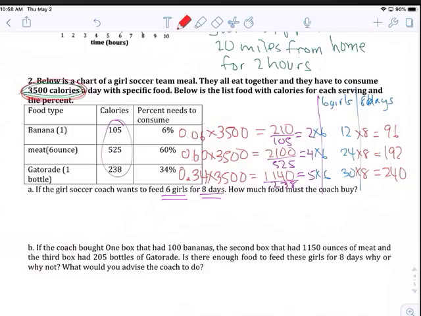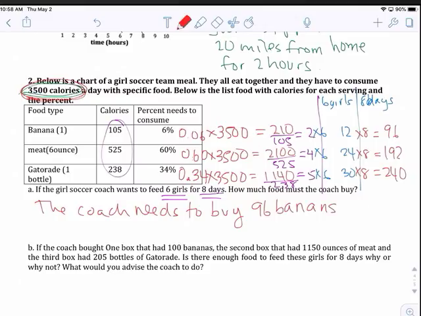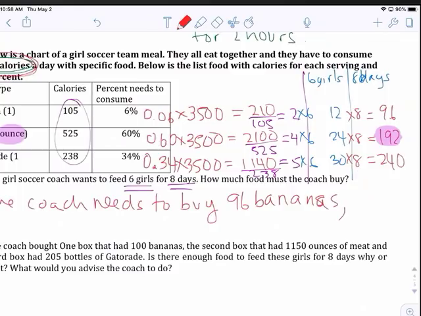Okay, so the coach needs to buy 96 bananas. It's more than 192. The meat is in ounces, so you have to multiply this by 6, times 6 ounces.